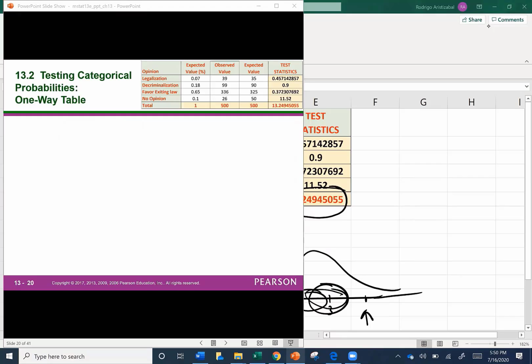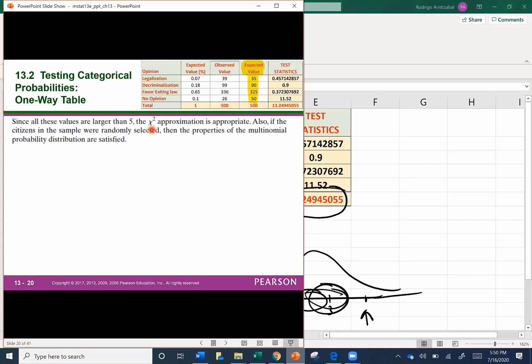Next step, after we do the null and alternative hypotheses, we need to verify that we can use the chi-square distribution. We have two conditions to use chi-square. First of all, all of the expected values, not the observed values, must be greater than 5. It doesn't matter if I have an observed value less than 5.